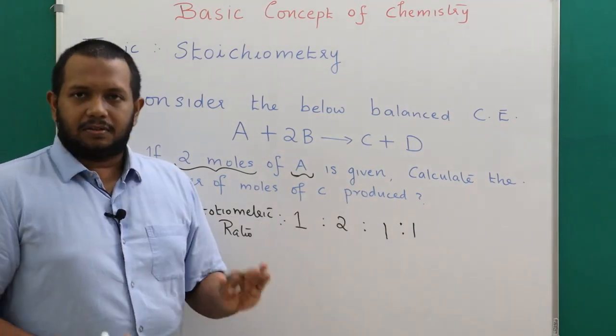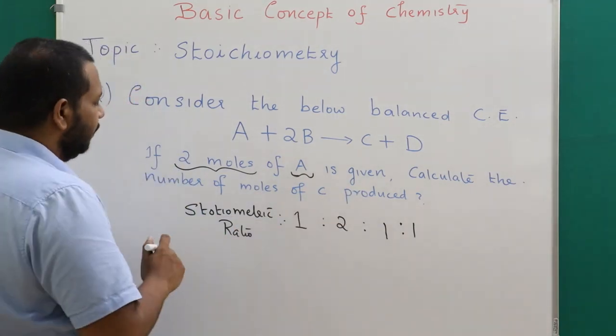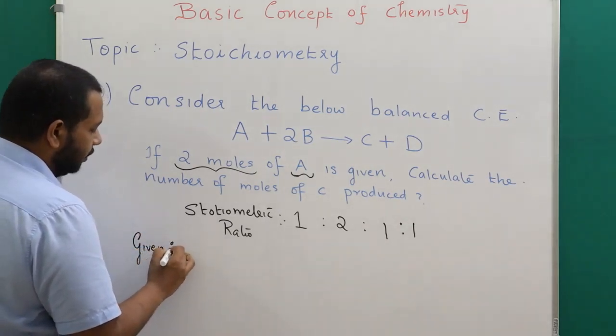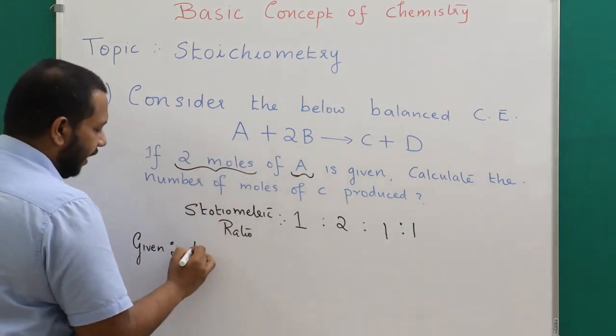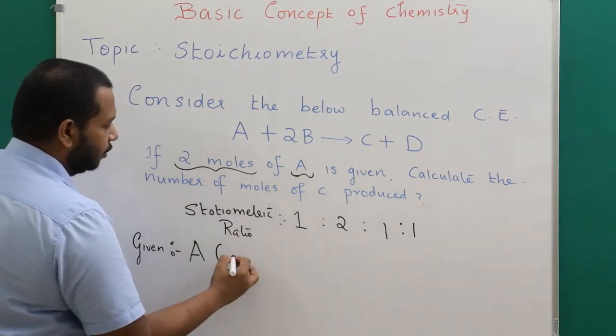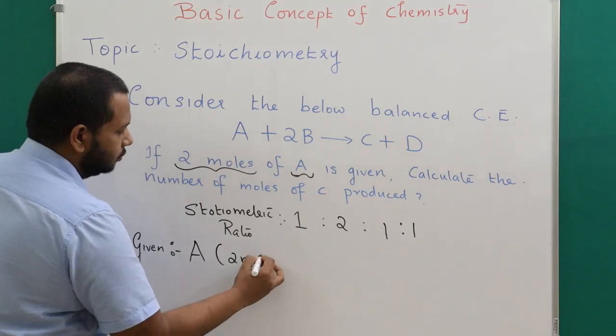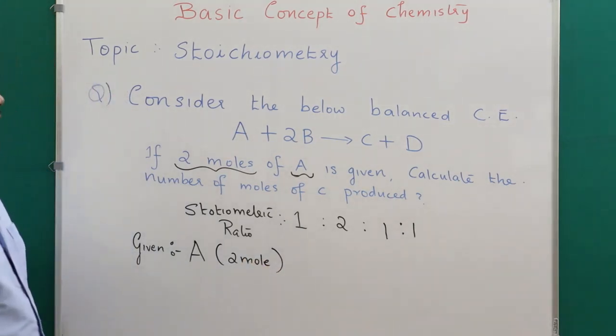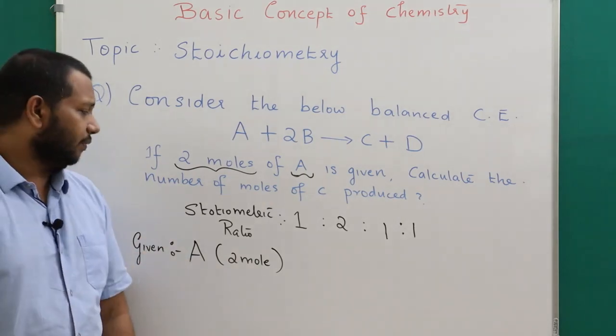After writing this, what you need to do is take the given. Given is A. A is only given. What is its quantity? Write it in bracket: 2 mole. This is what is given.